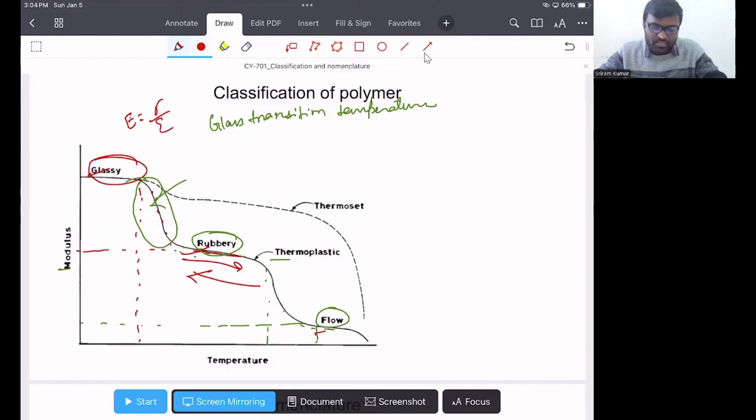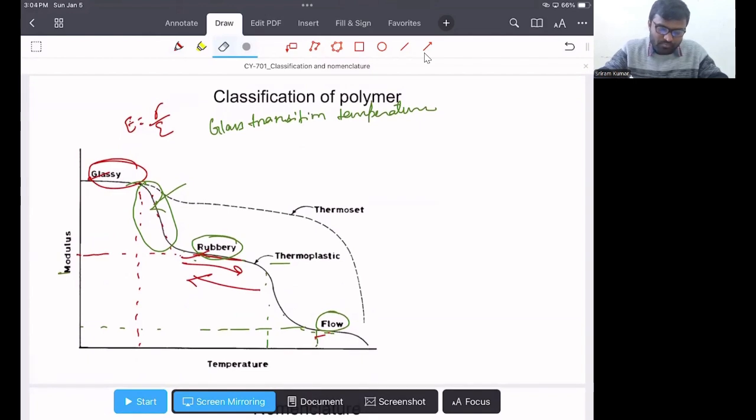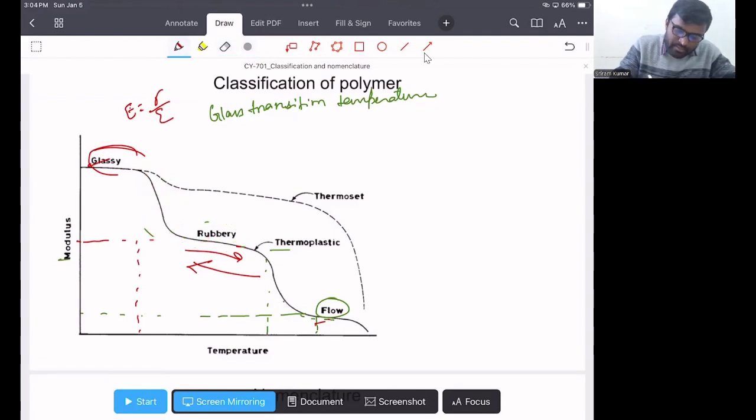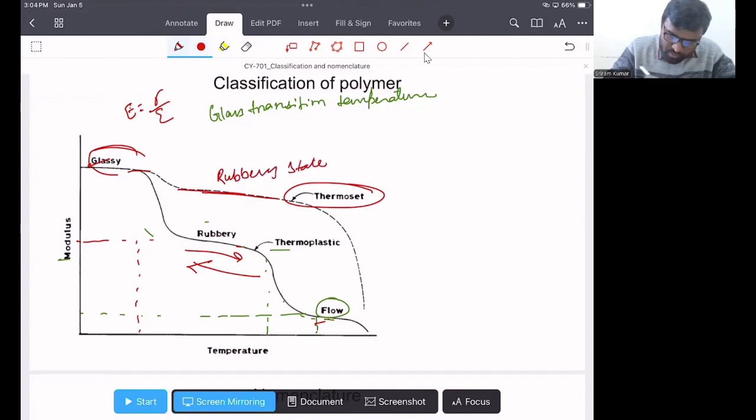Here you have the glassy state, and this is the rubbery state of the polymer, and there's a very low change in the Young modulus.